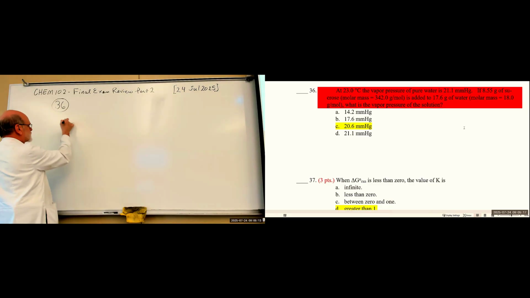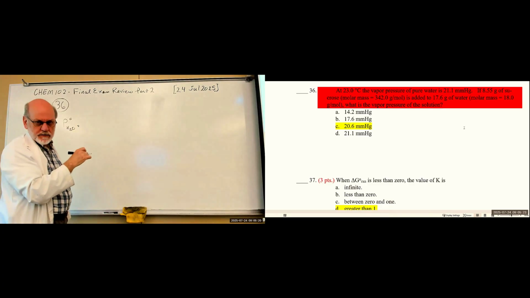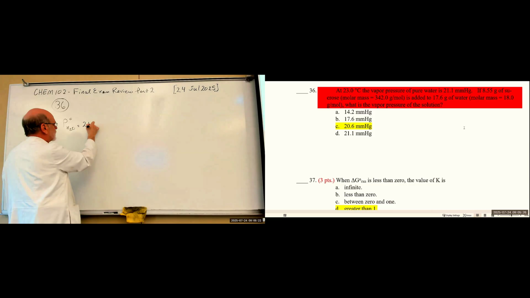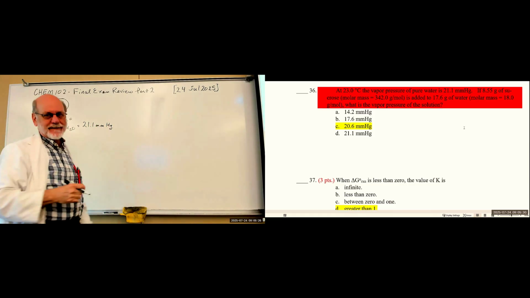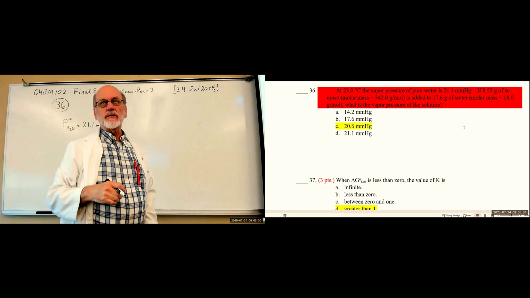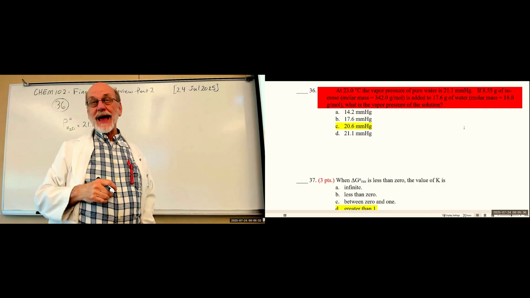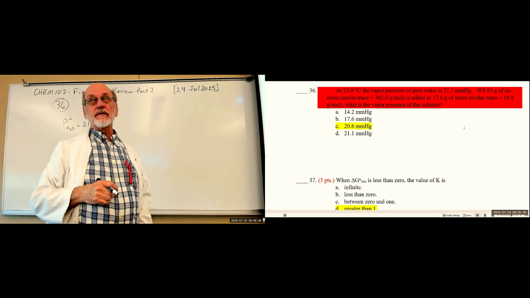So we would say that's P0 of water equals 21.1 millimeters of mercury.